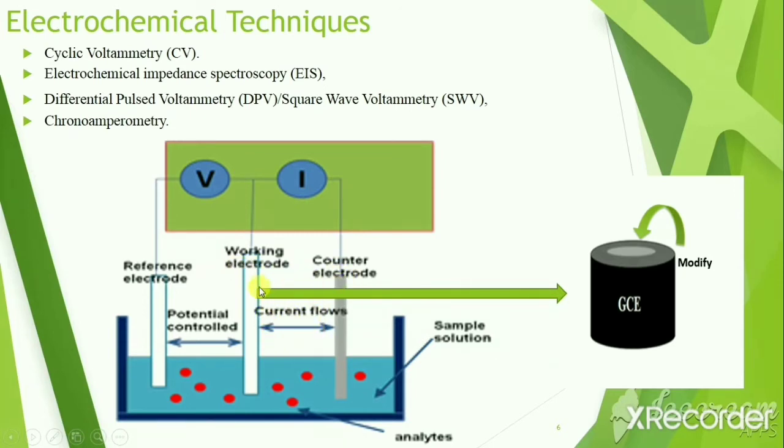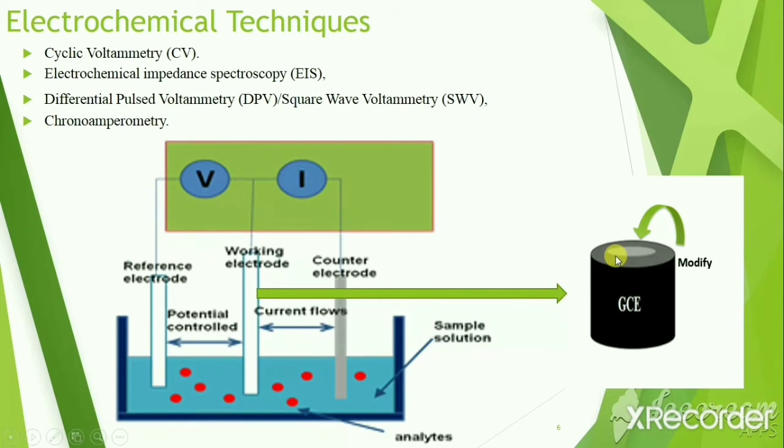So the most important electrode here is the working electrode. Why? Because on this surface the reaction will occur. But there is an issue here, that this surface isn't really efficient, especially if we do analysis. That's why we need to overcome this issue.